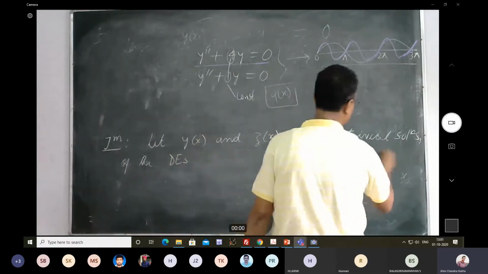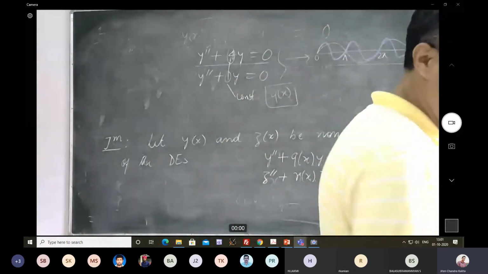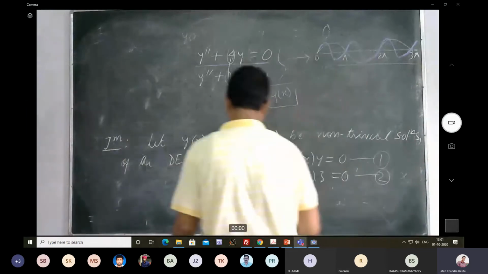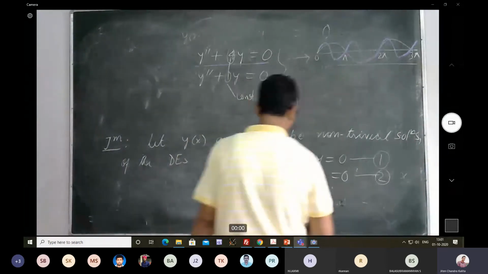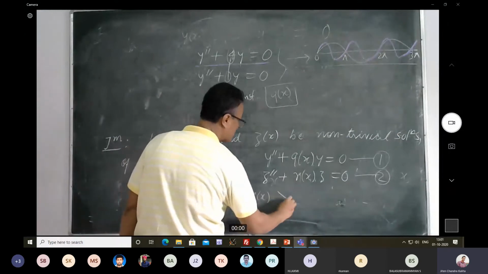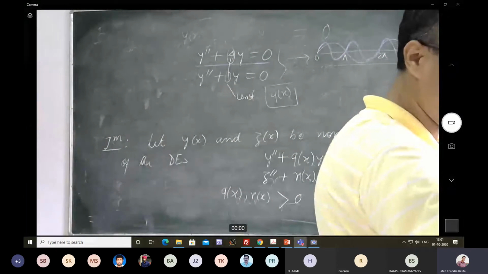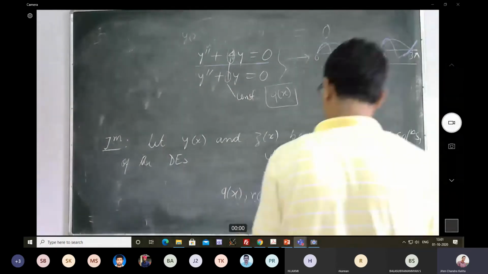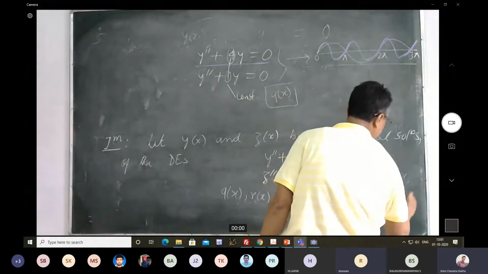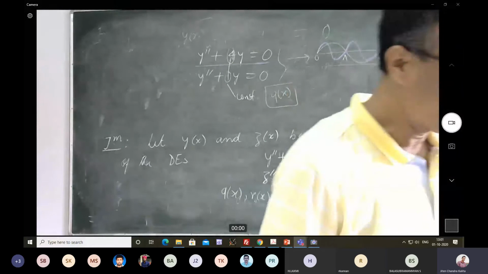Let me call them 1 and 2. Again, we are assuming that both q(x) and r(x) are strictly greater than 0, that is, positive. And we are also assuming that q(x) is strictly greater than r(x).